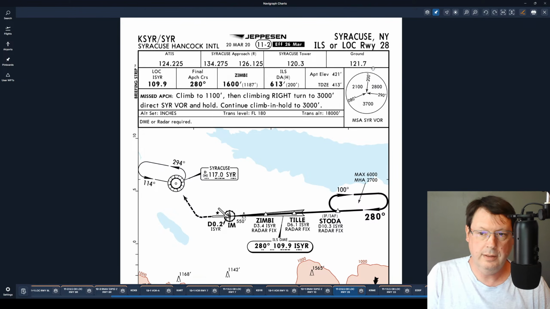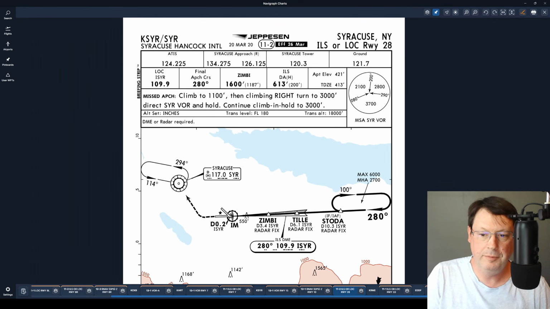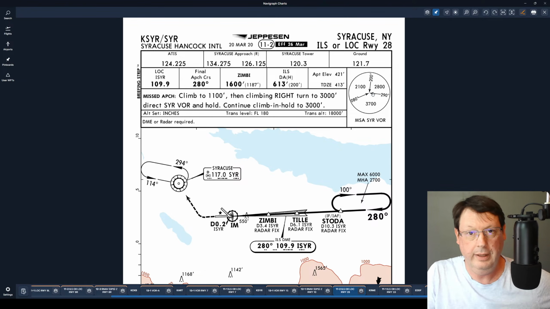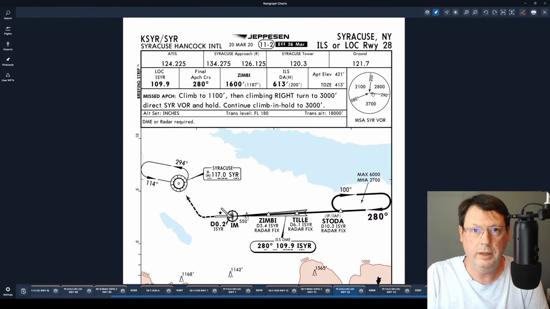So what this means is, let's say we're coming inbound on a heading of 270. We'd be coming in from this direction. Let's say you're flying a twin engine airplane and you have a single engine failure, or you're in a single engine airplane and you have maybe reduced power for some reason.